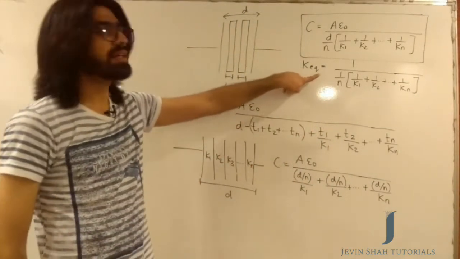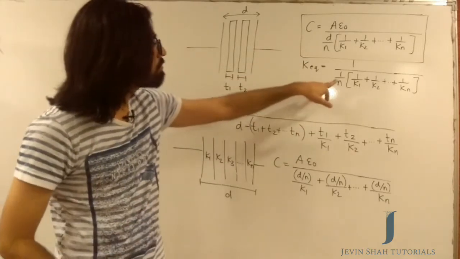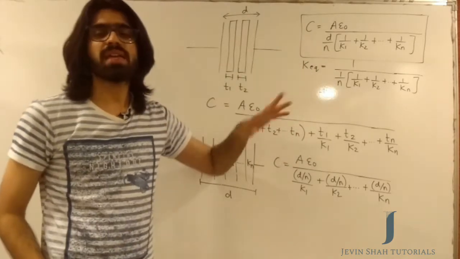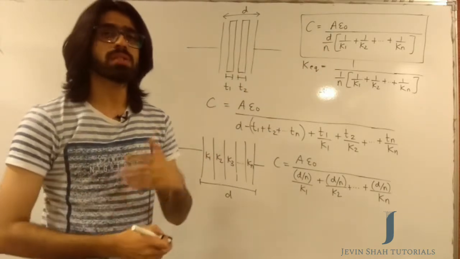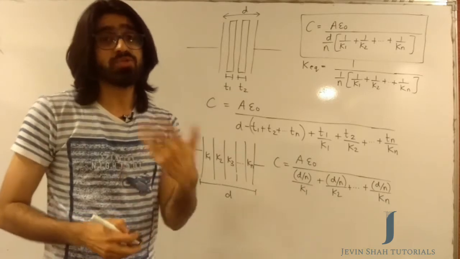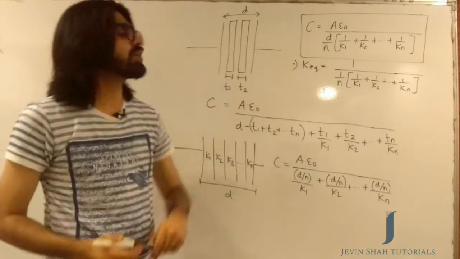Of course, you can write it in an easier way, that is, you can say that 1 upon K equivalent would be 1 by n into 1 by K1 plus 1 by K2 and so on up to 1 upon Kn. I am leaving it up to you. You can remember it in the way you feel it's better, but this is finally what you need to infer from the formula that you have learnt over here.